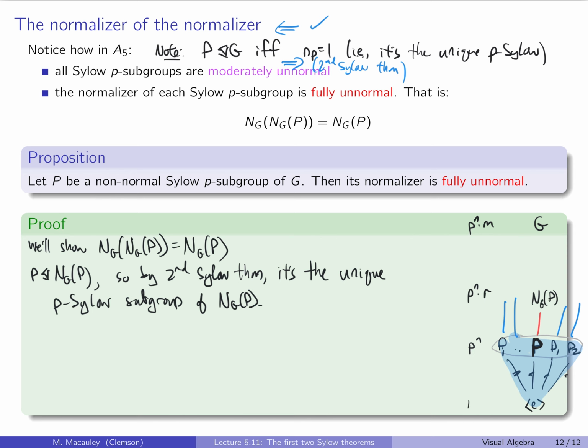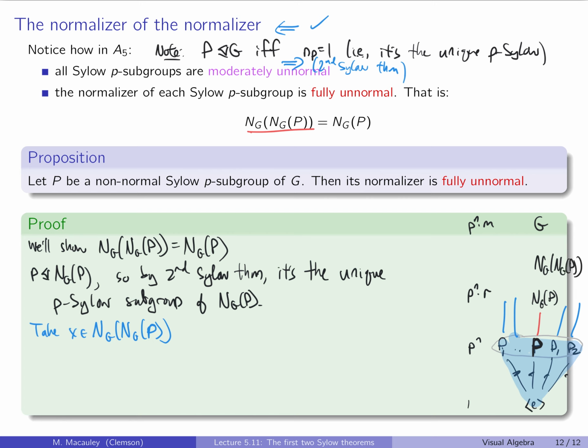Okay, so now what are we going to do? Well, let's take an element. We want to look at now the normalizer of the normalizer. So let's take an element x that is in the normalizer of the normalizer.